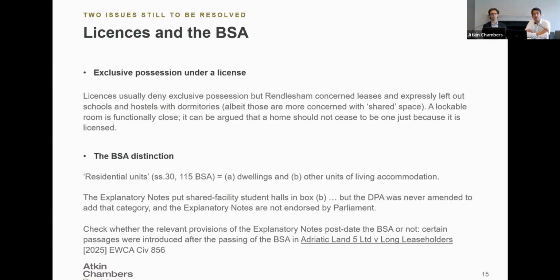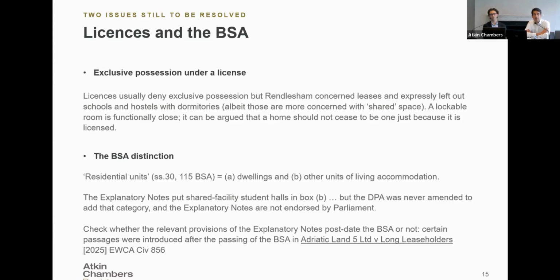And if you apply that consistent meaning, then rooms in student accommodation and care homes are better categorized as residences or units of living accommodation rather than dwellings. And that's going to be something that's going to have to be wrestled with by any court considering the matter afresh.